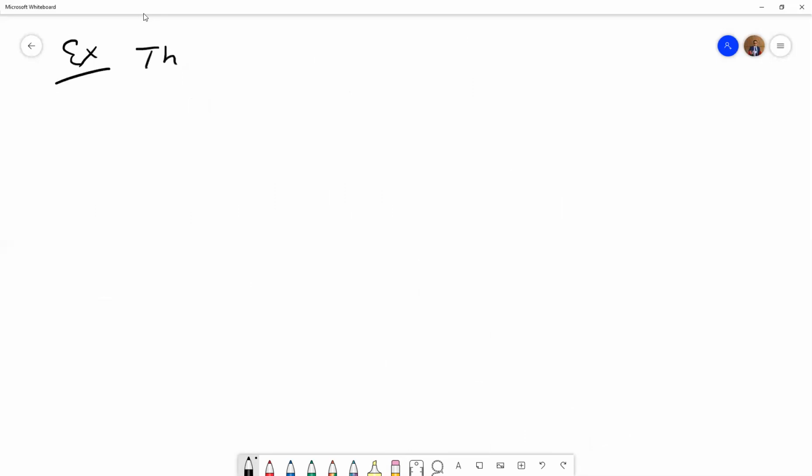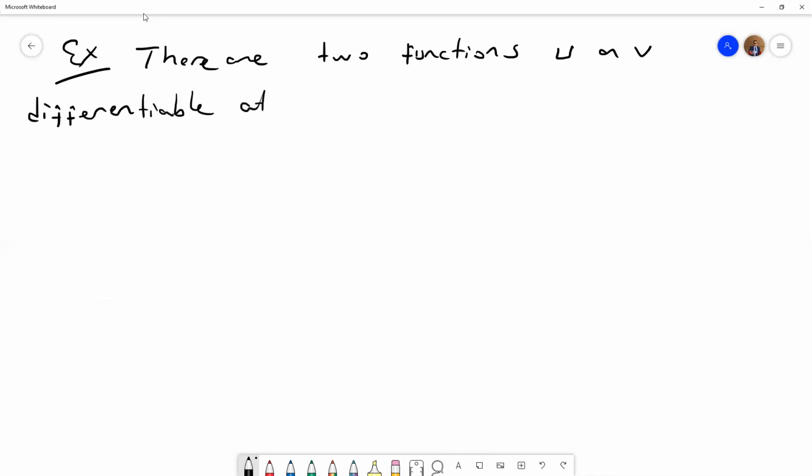Yeah, there are two functions u and v, differentiable at x.